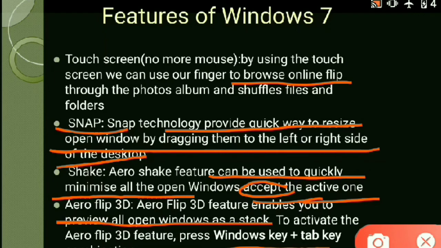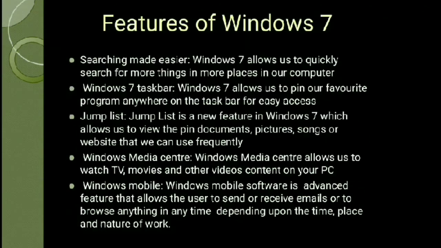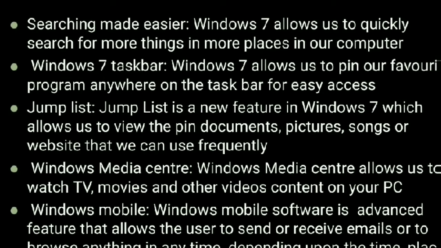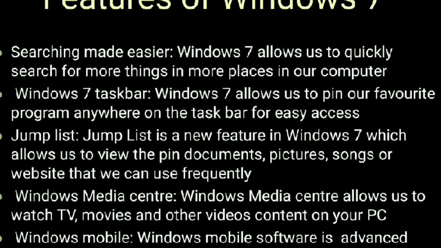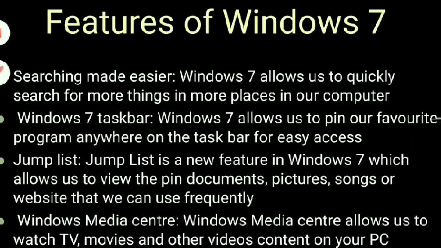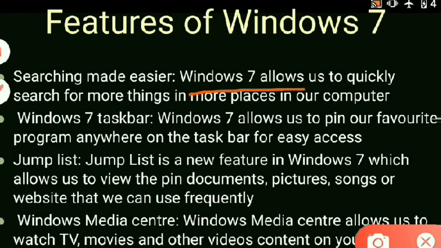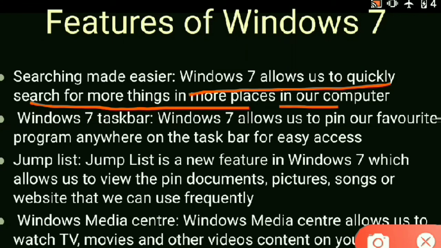Okay, move to our next type of the features of Windows 7, that is searching made easier. Windows 7 allows us to search for anything in more places in our computer. With the help of the search feature, we can search for anything.